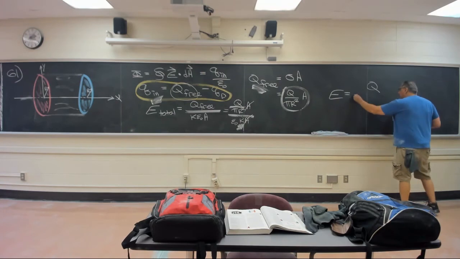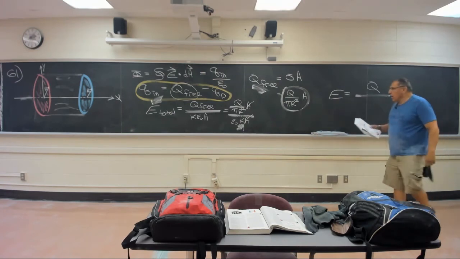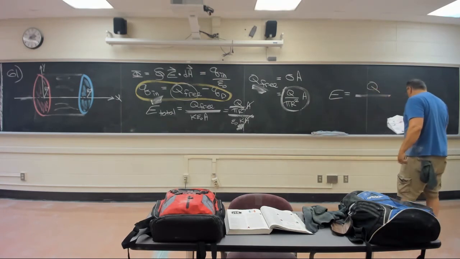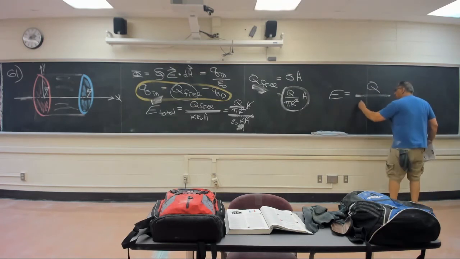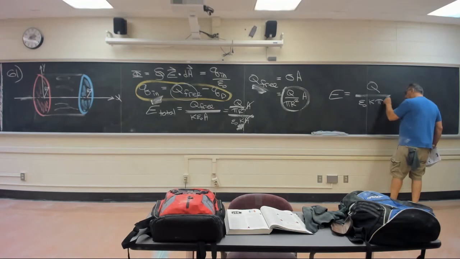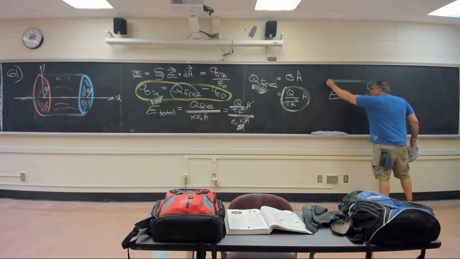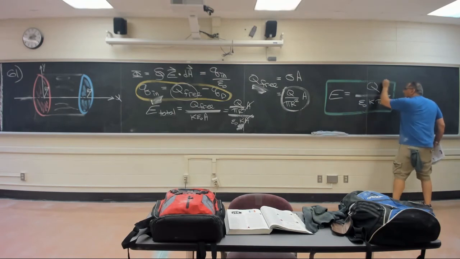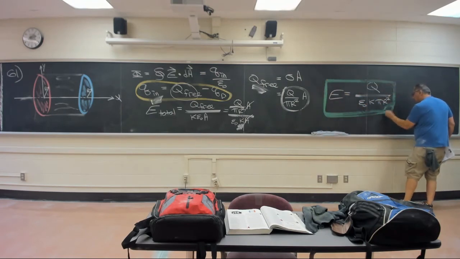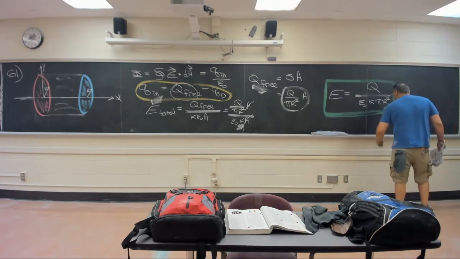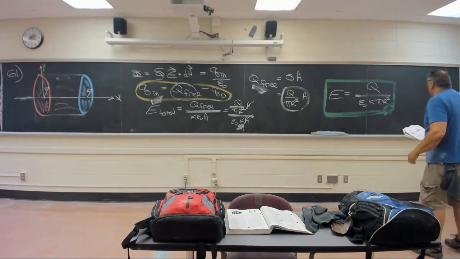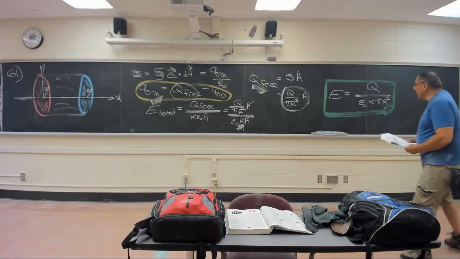You got Q over epsilon naught kappa pi r squared.